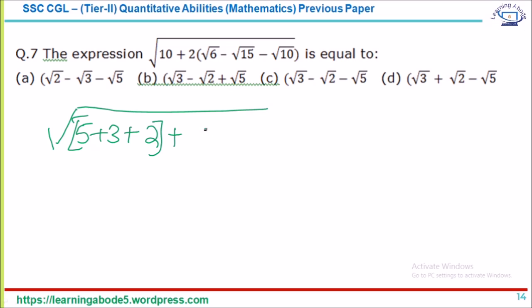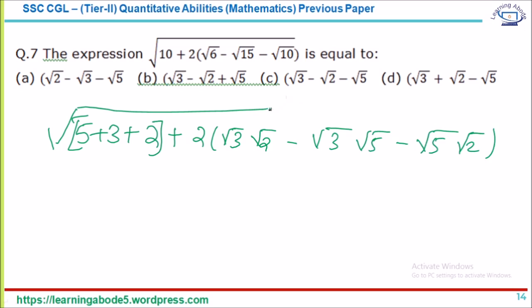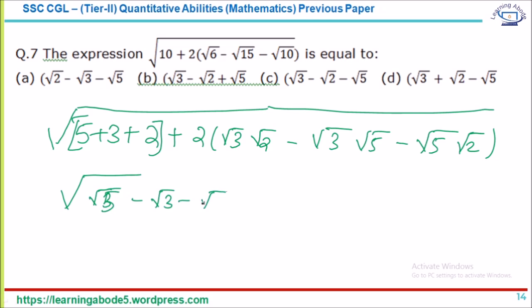Then I can write 2 root 6 as root 3 into 2, minus root 15, I can write as root 3 into root 5, and minus root 10, I can write as root 5 into root 2. Right. Now what I have is root 5 minus root 3 minus root 2.